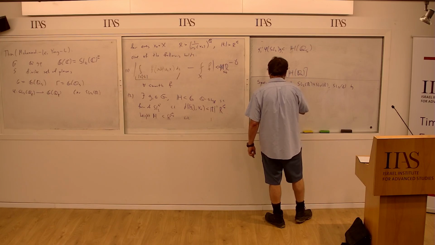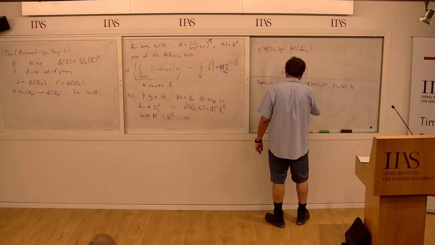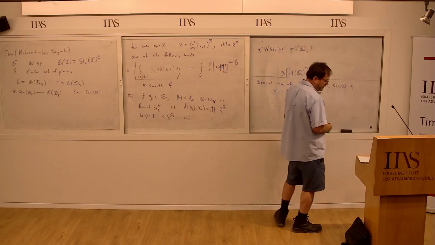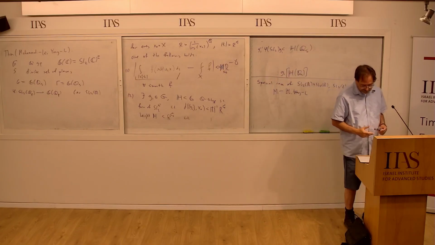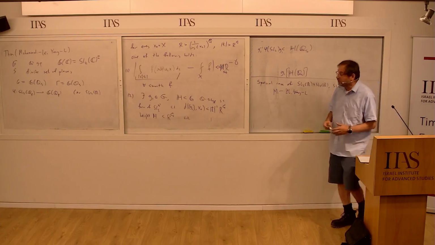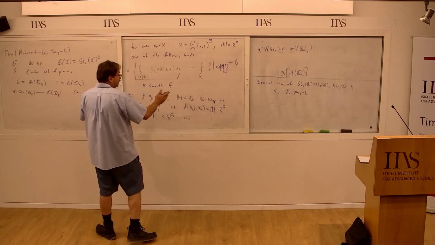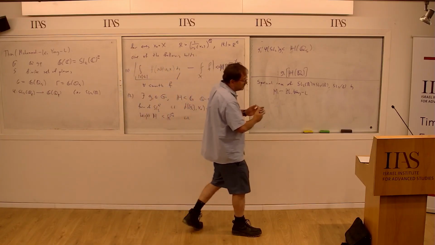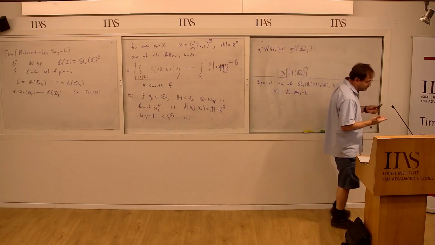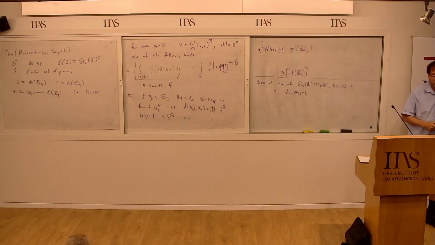I'll write it on the part of the board that people online maybe can see. The important thing for us was to allow many factors, which in number theoretic applications is actually something that occurs.